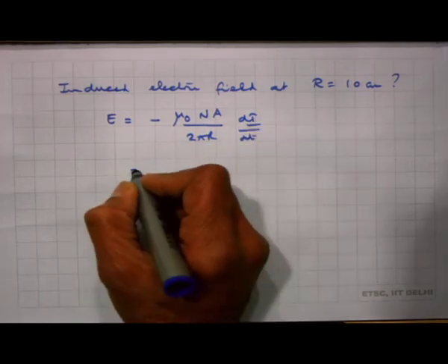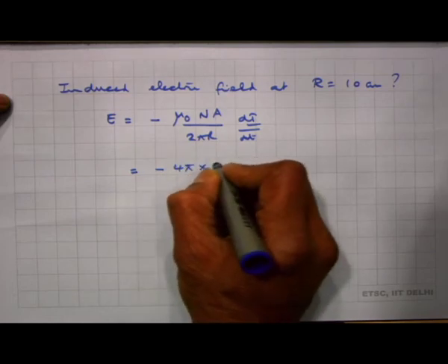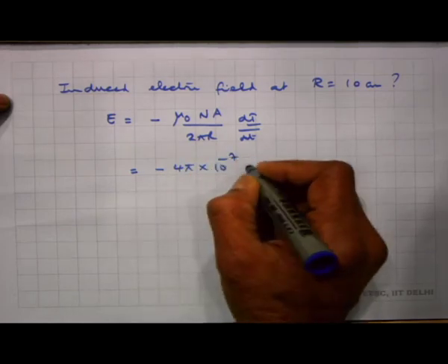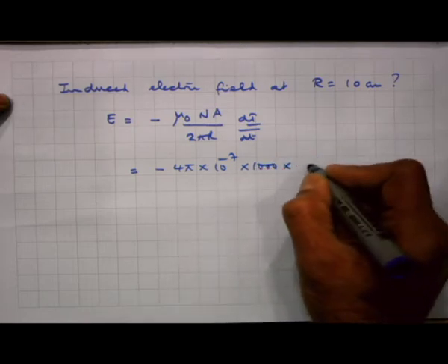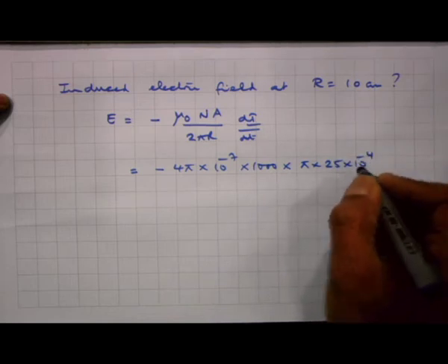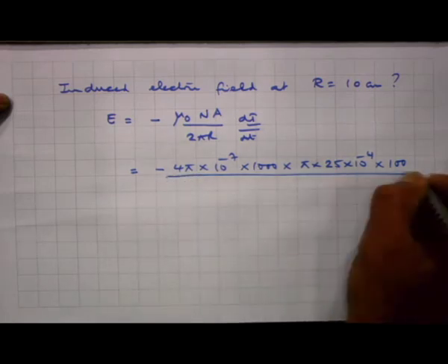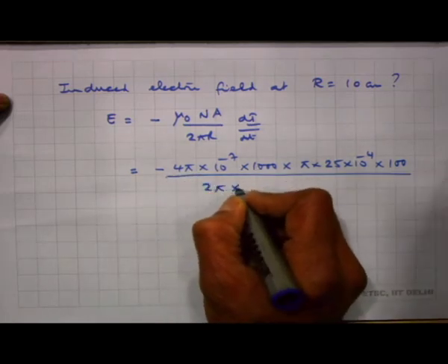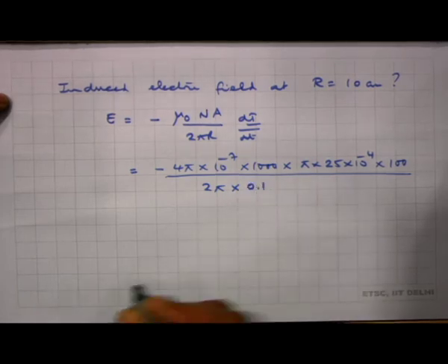So, let me substitute the numbers. Minus 4 pi 10 to the minus 7 into 1000 turns per meter into area of pi into 25 10 to the minus 4 meter square, dI by dt is 100 amperes per second, divided by 2 pi into capital R, which is 10 centimeters, that is 0.1 meters.